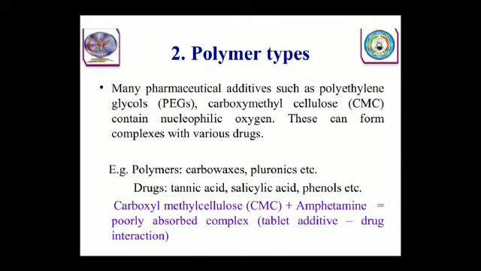Examples of polymers are carbowaxes and pluronics. These polymers form complexes with tannic acid, salicylic acid, and phenols. When carboxymethylcellulose forms complexes with amphetamine, it forms a poorly absorbed complex.